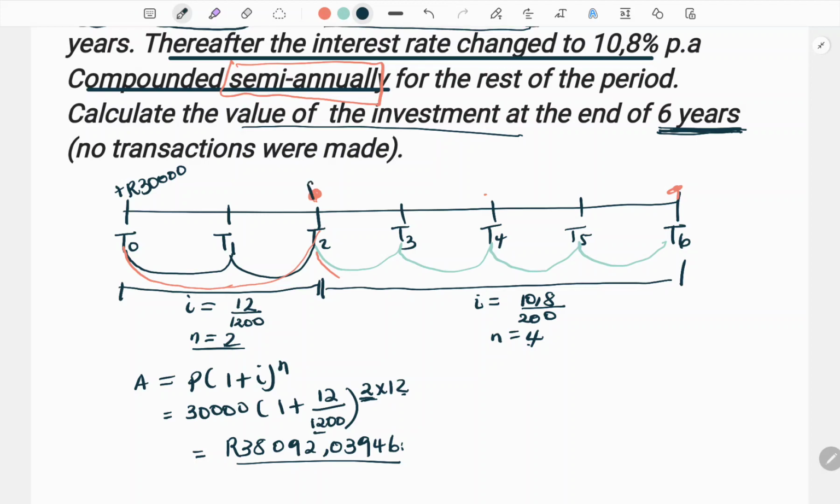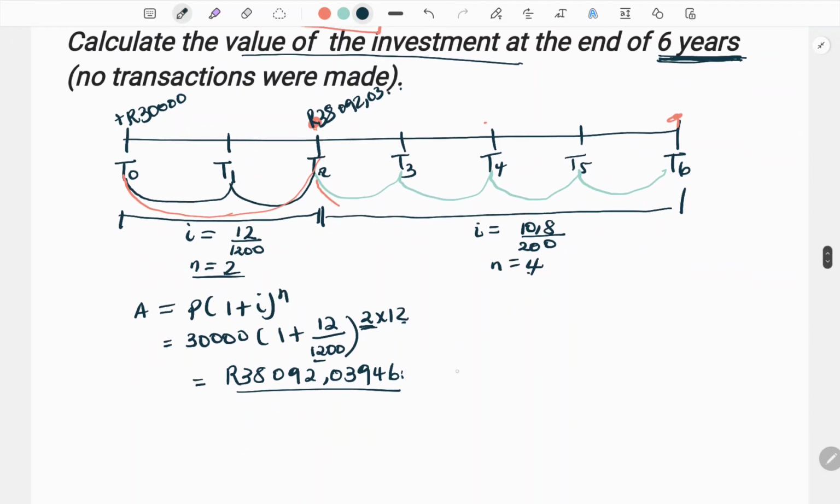Then you're going to use this answer. It comes here. The very same answer you complete for the rest of the period. So it's going to be A is equal to P(1 plus i) exponent of n.